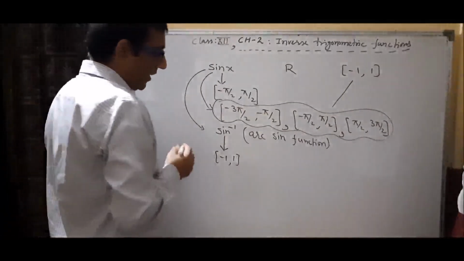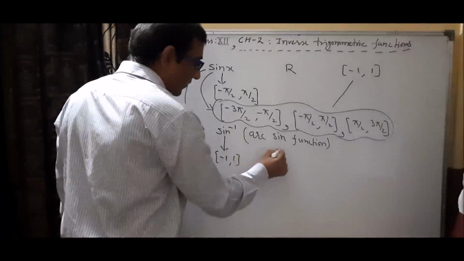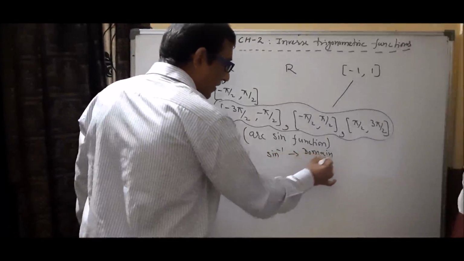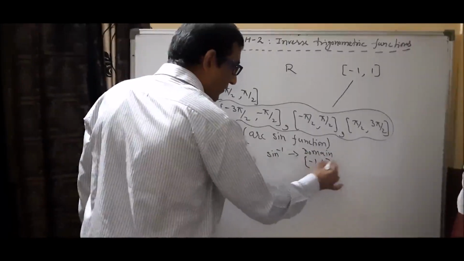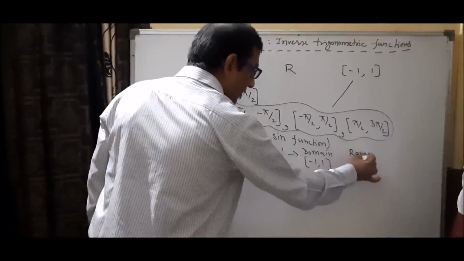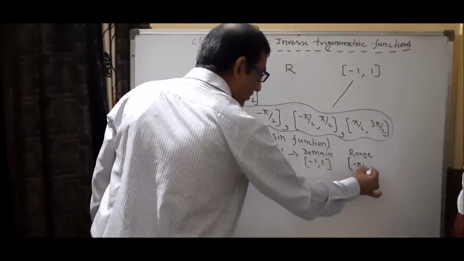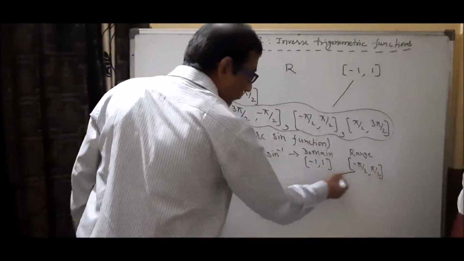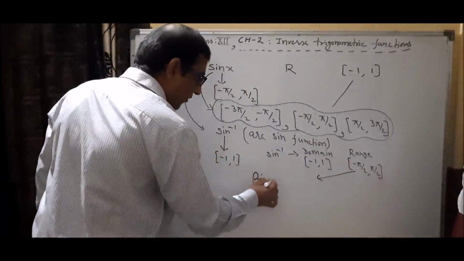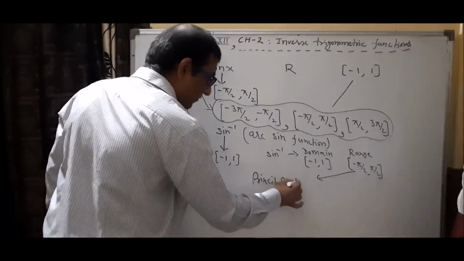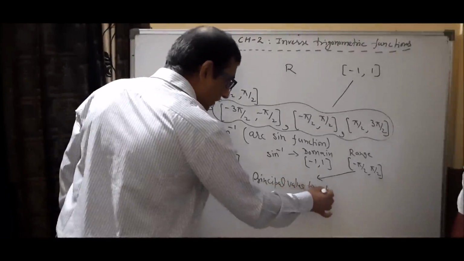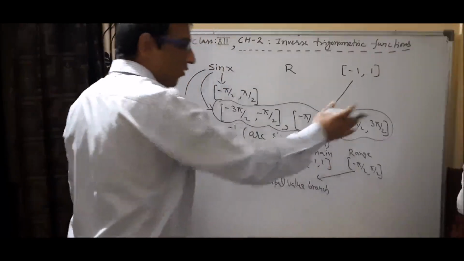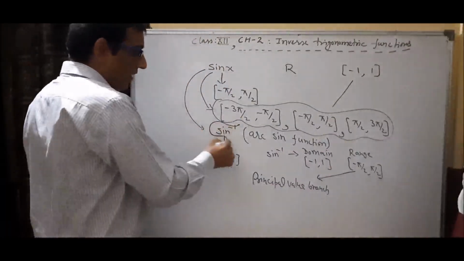It means we can say sine inverse domain is -1 to 1 and range is -π/2 to π/2, and this -π/2 to π/2 is known as principal value branch, whereas the other intervals -3π/2 to -π/2, π/2 to 3π/2 and so on give different branches of sine inverse.